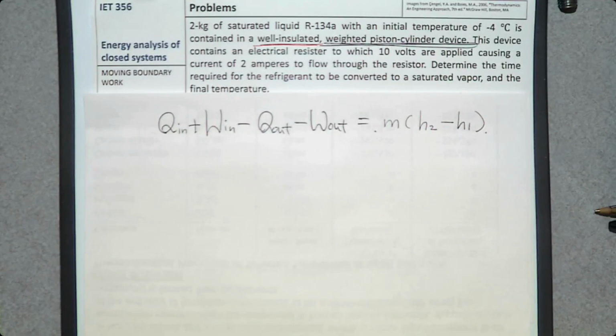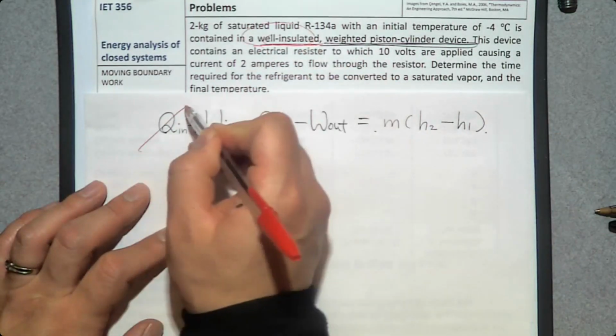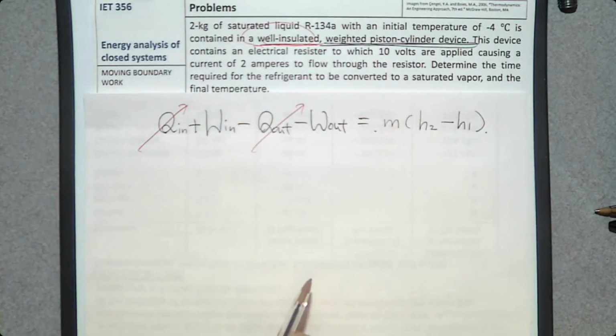We assume that there is no heat transfer, well insulated, Q in, Q out, and there is an electrical resistor inside. It's going to provide energy transfer by work, W in. And how can we determine this electrical work?